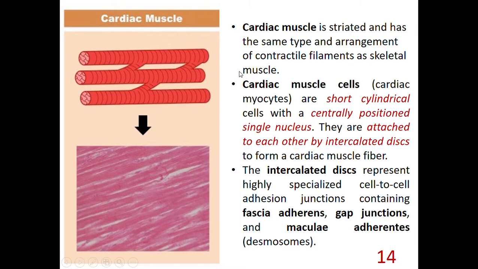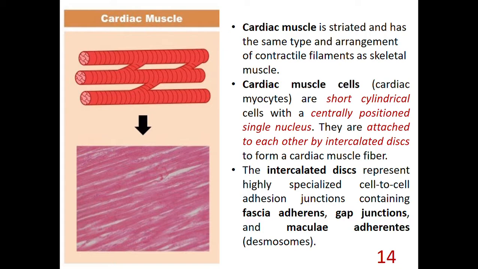Another striated muscle type is cardiac muscle tissue. Cardiac muscle fibers or cardiac muscle cells are short, cylindrical shaped cells with a centrally positioned single nucleus. Between cardiac muscle and skeletal muscle, there are two differences.